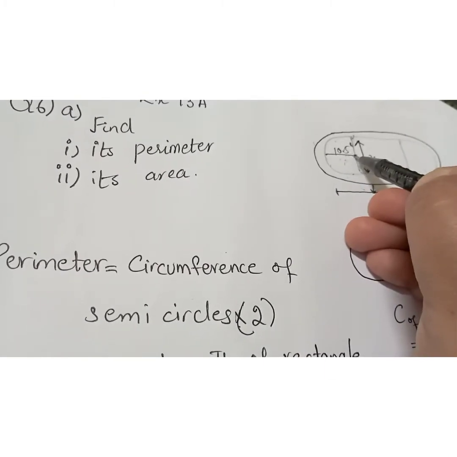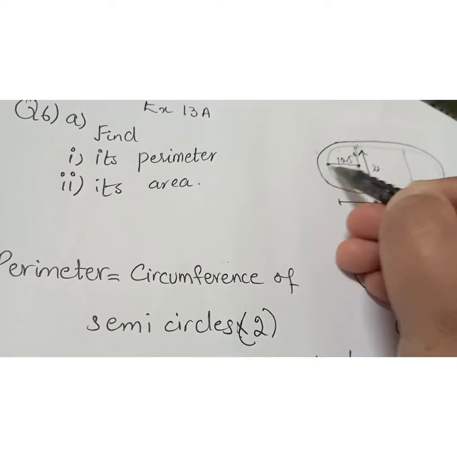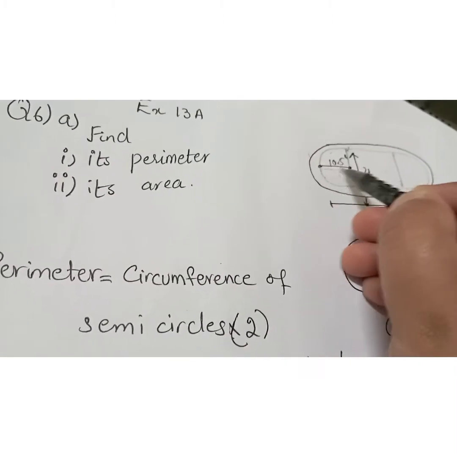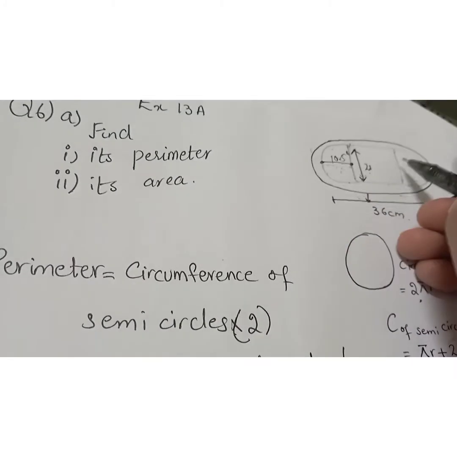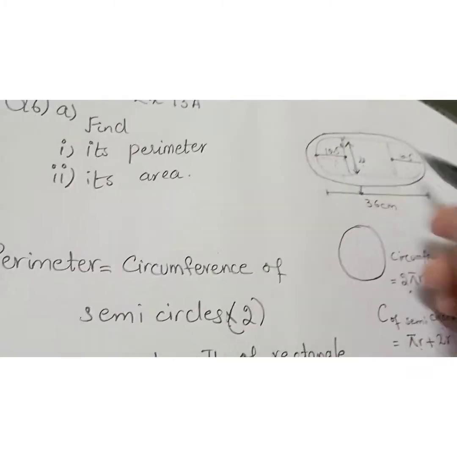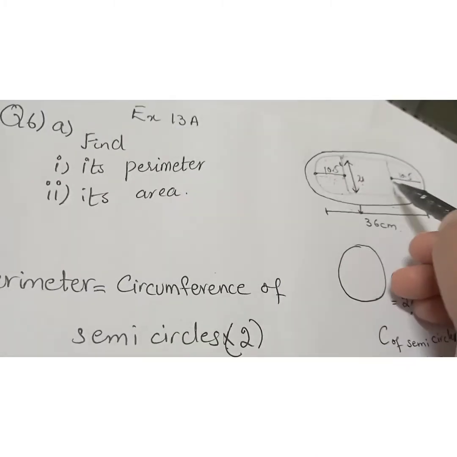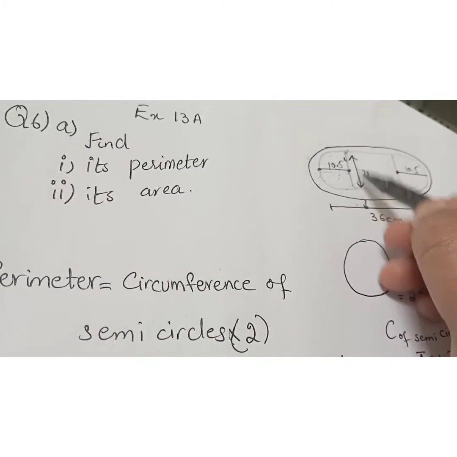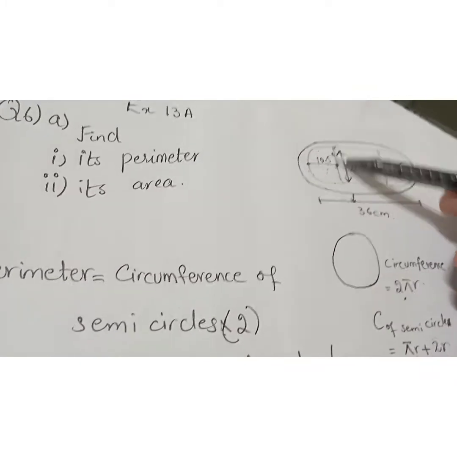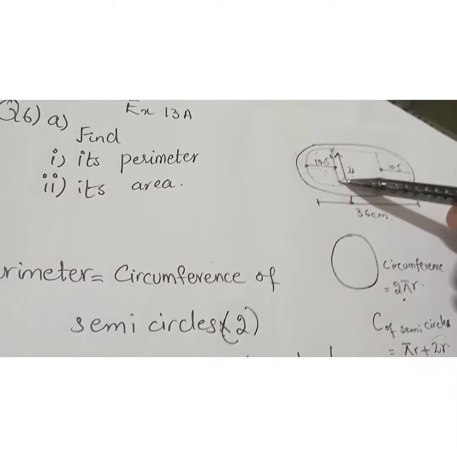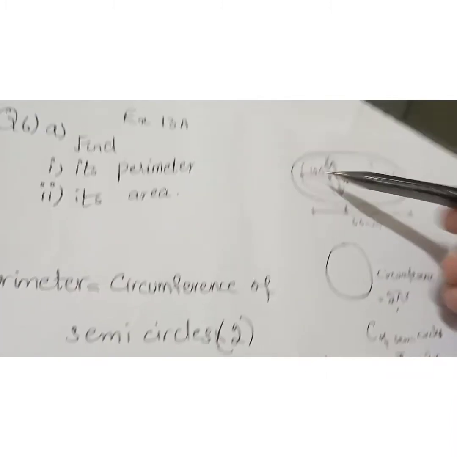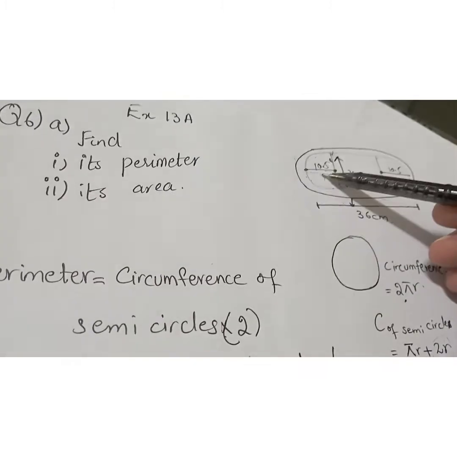So this portion, which is half of this 21, is the radius, so we will consider this portion as 10.5 and this portion is 10.5 as well, because both semicircles are equal.